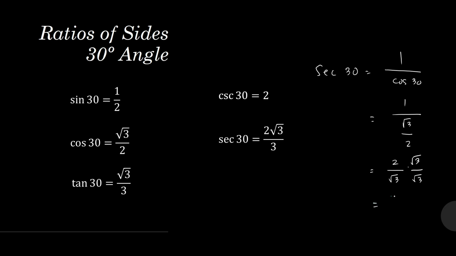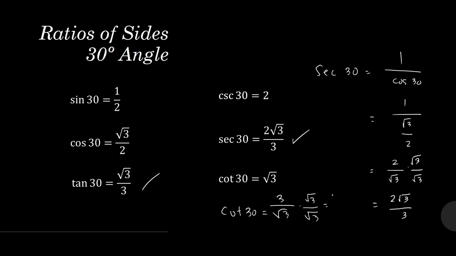And what we have here is 2 times square root of 3 over 3. What about cotangent? Cotangent is the reciprocal of tangent. Three divided by 3 is 1, and so we have square root of 3. We don't worry too much about the reciprocal. What we pay attention to are sine, cosine, and tangent.